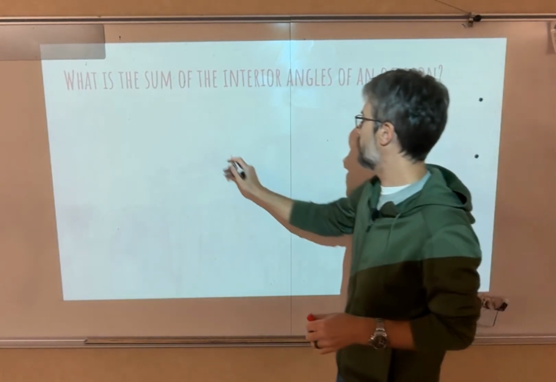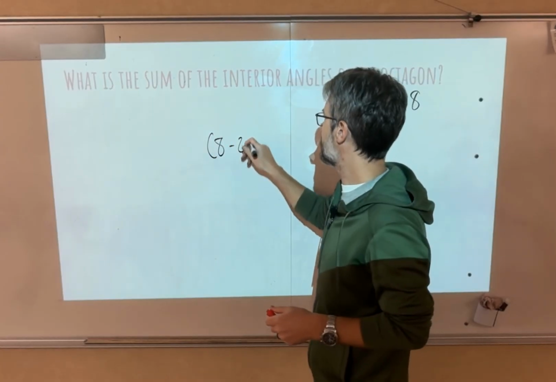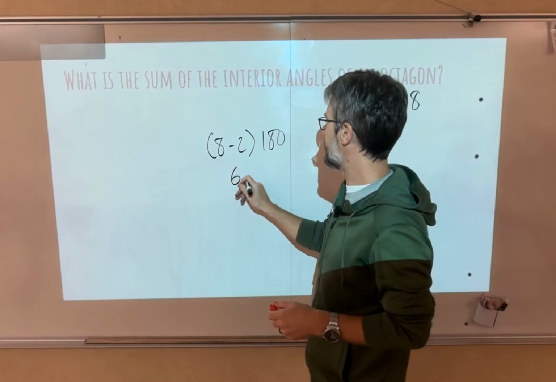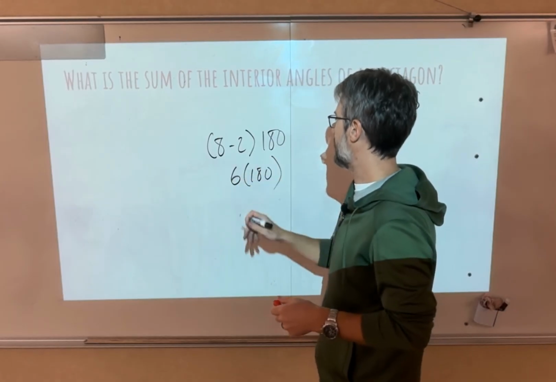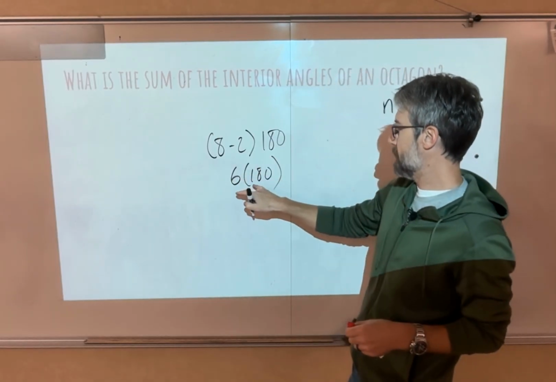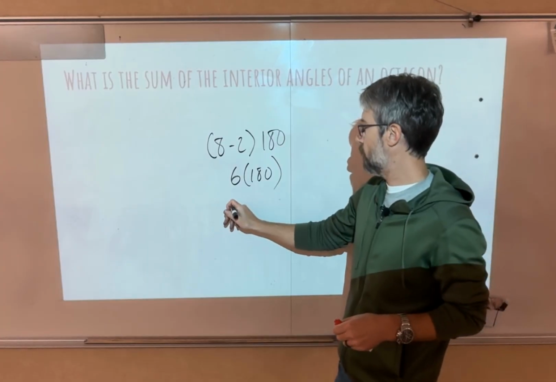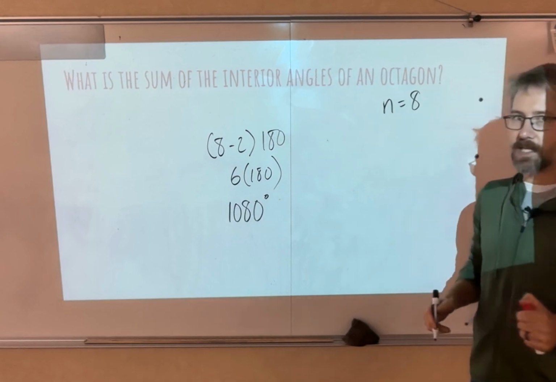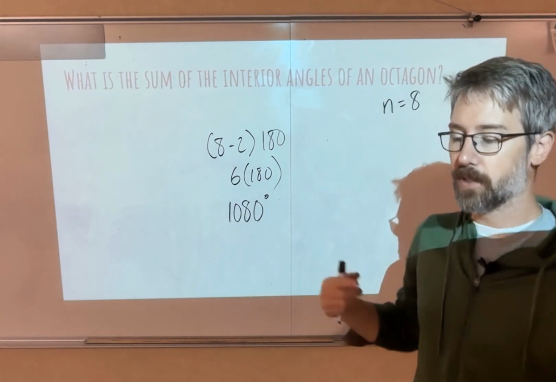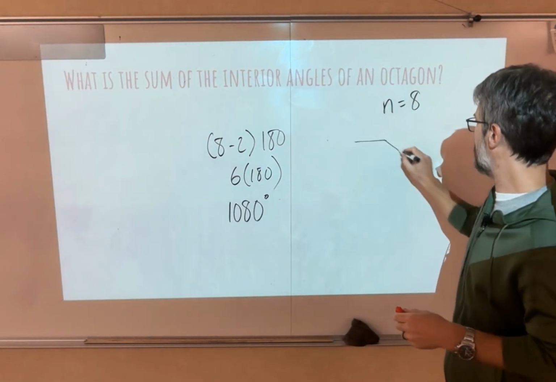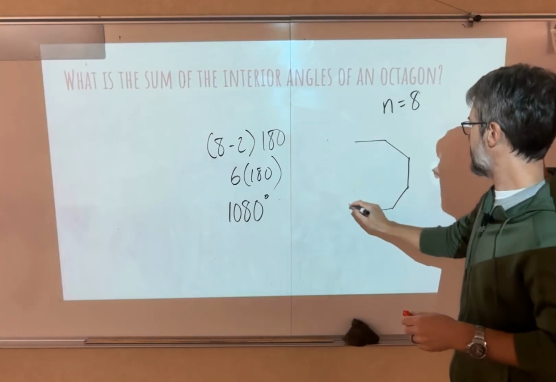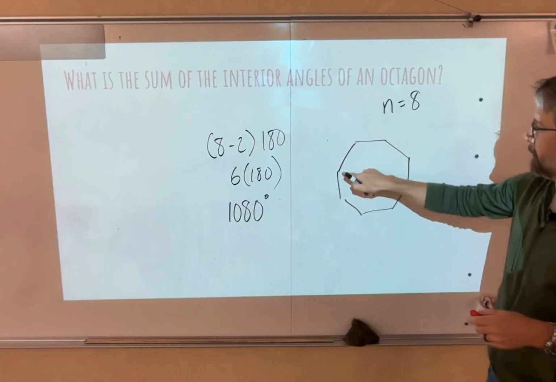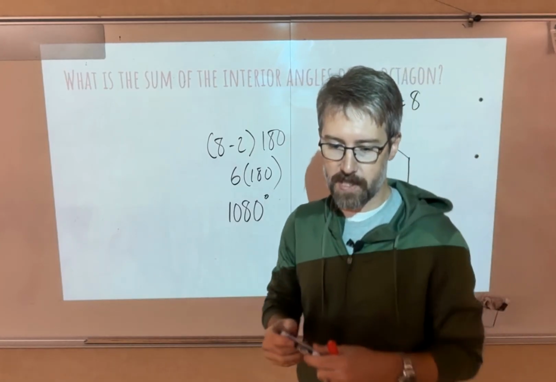Then we can do 8 minus 2 times 180, which is 6 times 180, and that is 1,080 degrees on the interior of an octagon. So all of these angles on the inside of our octagon, added together, are going to equal 1,080.